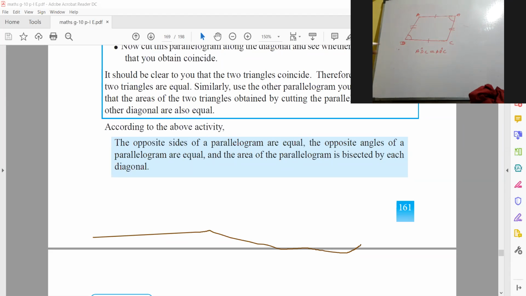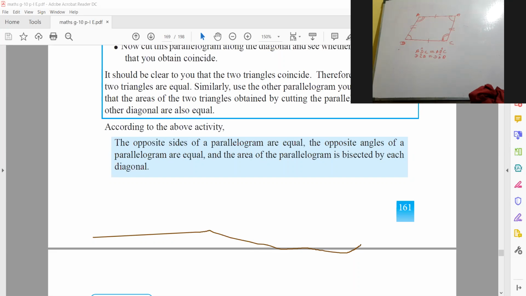Then consider the angle BCD. The angle opposite to the angle BCD is DAB, right? Therefore, these two angles must also be equal. You can write it here: DCB is equal to DAB.